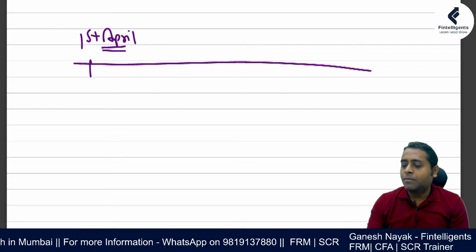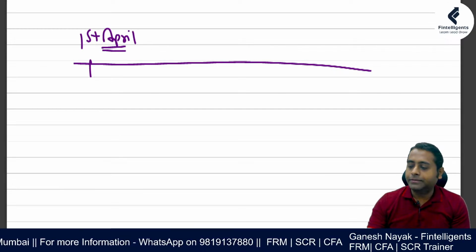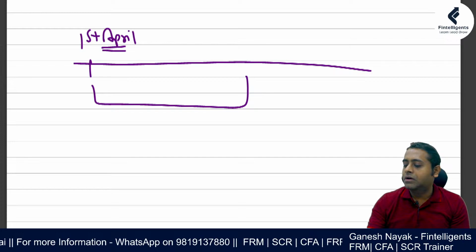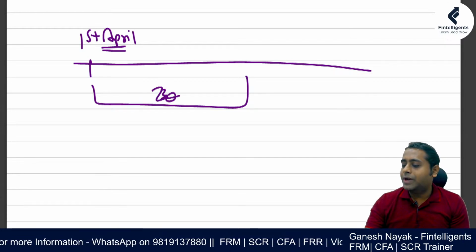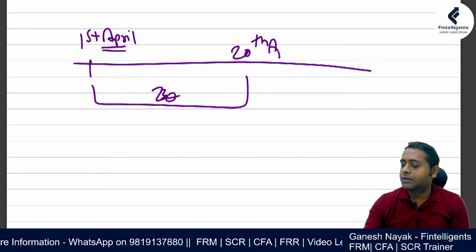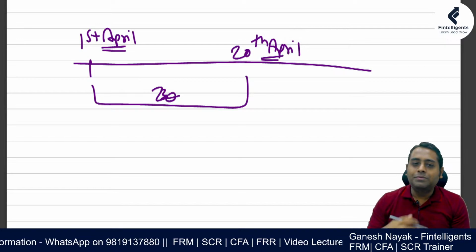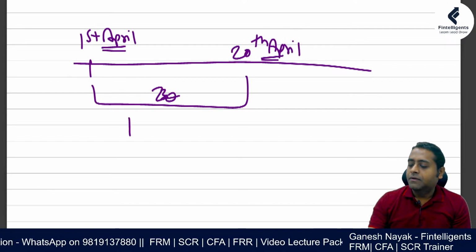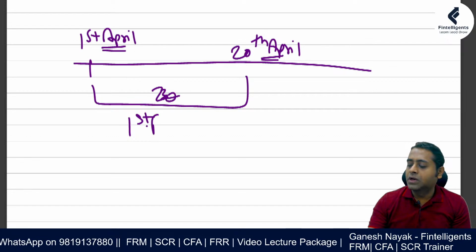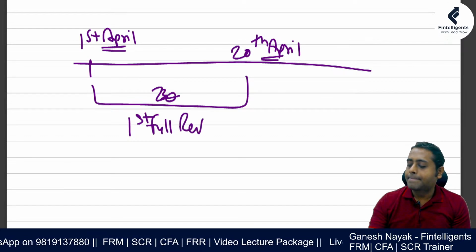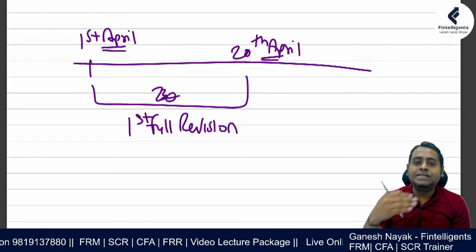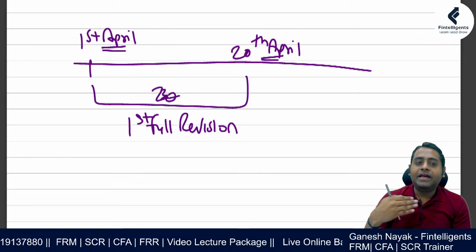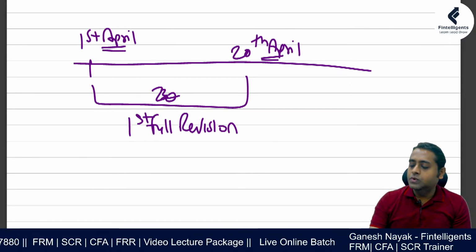So from 1st of April to primarily 20th of April, you should be doing your first full revision. And as you complete the entire full revision, you can also do sectional test.